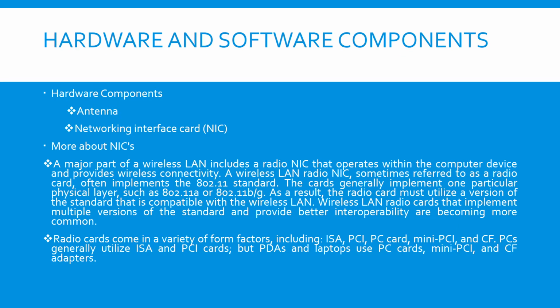Now, what are the various components that we use in a wireless network? There are two types of components basically that we have to have in our devices. First is the antenna.